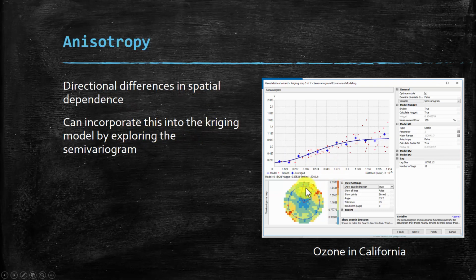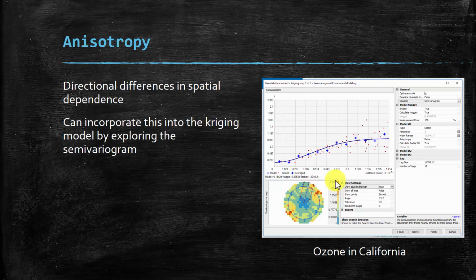Here we have a little window where we can specify the direction and the width of the values from which we're going to produce a semivariogram. And by setting that, we're able to maybe improve how this model fits the data, thus modeling our local trends to further augment the global trends.